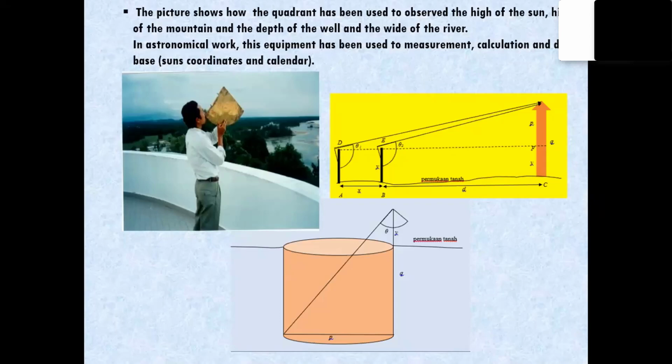We want to know which hill has a source of water, so we want to measure. This is explained in all the treatises of Malay astronomical manuscripts. Also, we want to know the depth of a well, whether there is water or not.